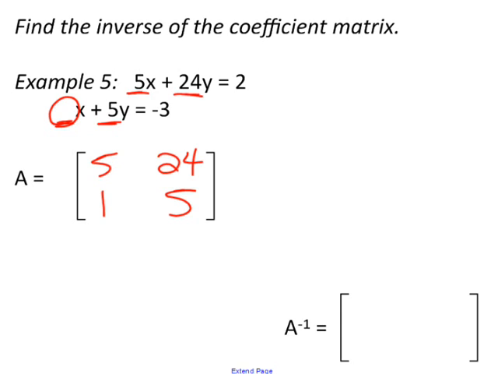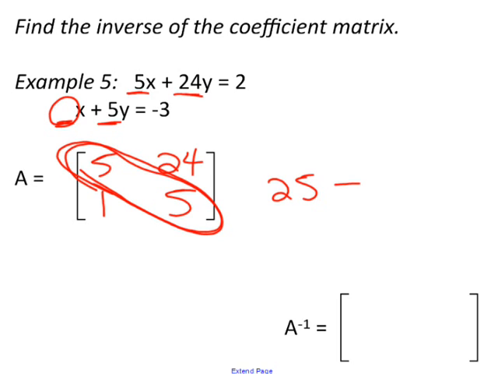Now the direction said find the inverse of the coefficient matrix. We know how to find inverses. So if you recall, we're going to find the determinant first, put the 1 on top, and then multiply. So these two numbers get multiplied for 25, and these two numbers are 24, and we subtract them.